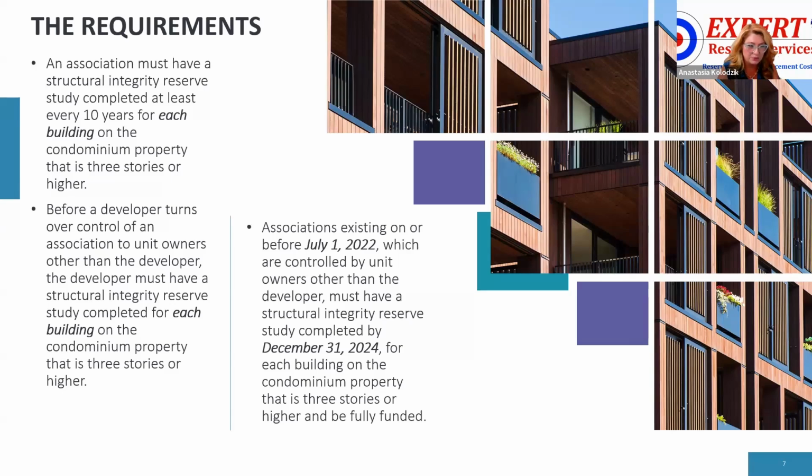They are 2 completely different entities. I've had associations call and they say, oh, well, we don't need a milestone because we've already had our SIRS. Well, yes, you do because you were built in 1974. Okay. So they are 2 completely different reports, and they are 2 completely different professionals that do that.